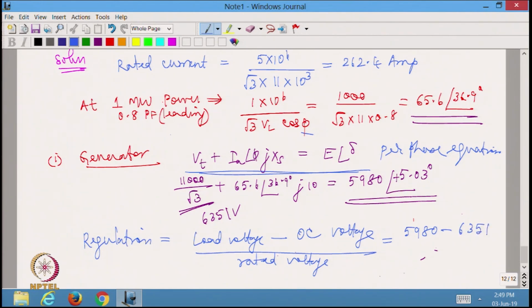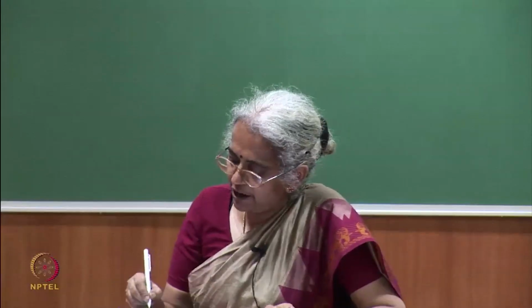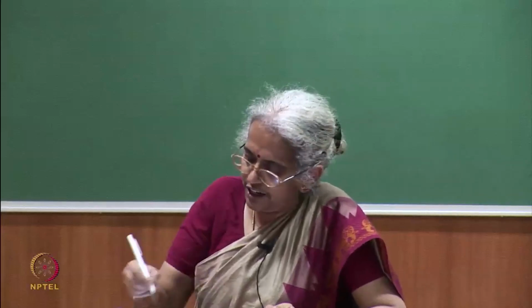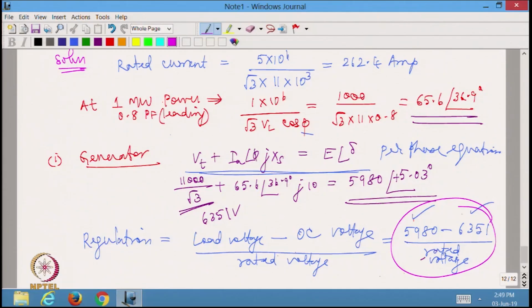So, this is what I am talking about, divided by rated voltage. Please note, the terminal voltage happens to be higher than the generated voltage, which will happen under leading power factor condition. Normally, any leading power factor condition is going to give rise to a higher voltage at the terminal.